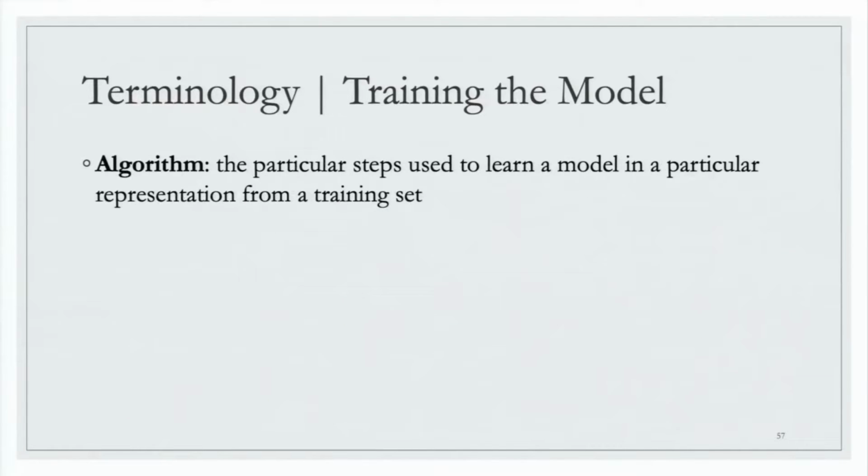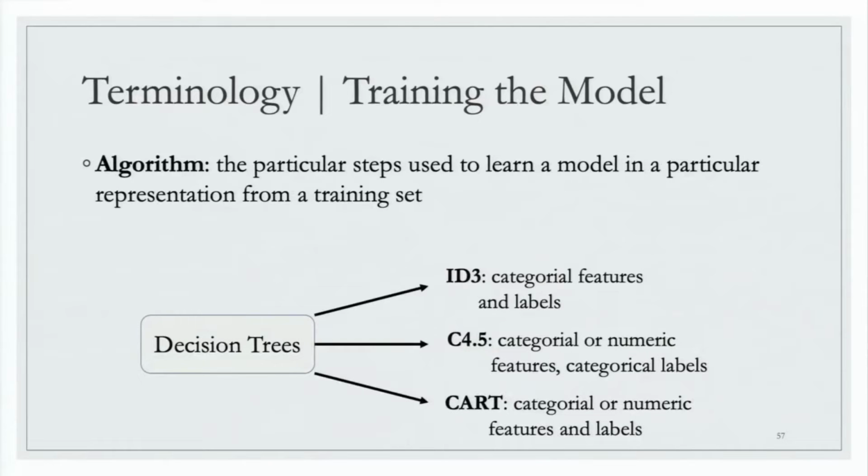That's a little bit different from the learning algorithm used. The algorithm is the steps taken to actually create a model in a representation. So just to give an example of this, within decision trees, there's lots of different algorithms for finding the right tree. ID3 was one of the first ones. It's really good if all of your features and your outcome are categorical. C4.5 came after that and added the ability to handle numerical attributes.